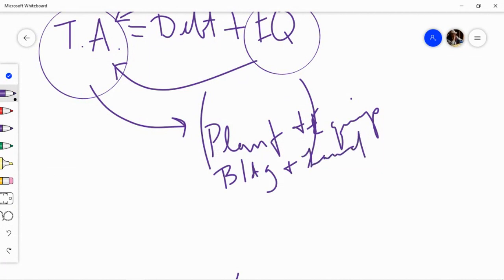Building and land, right? Now, look, plant and equipment determines what? Production capacity. Isn't that right? The production capacity of the company is determined by the size of the plant and equipment, in case I'm talking about manufacturing, right?